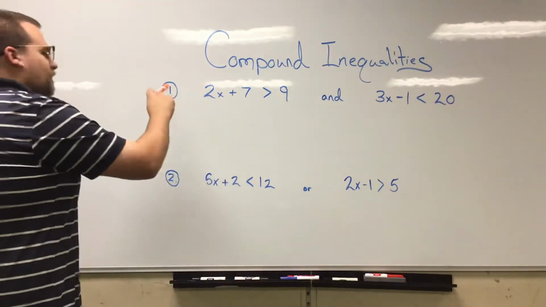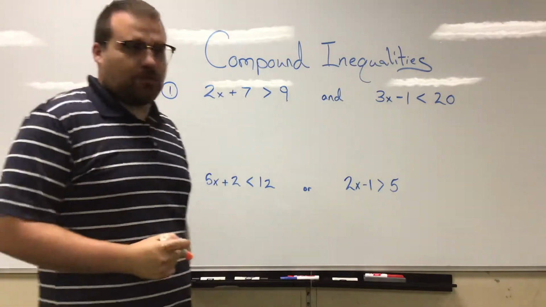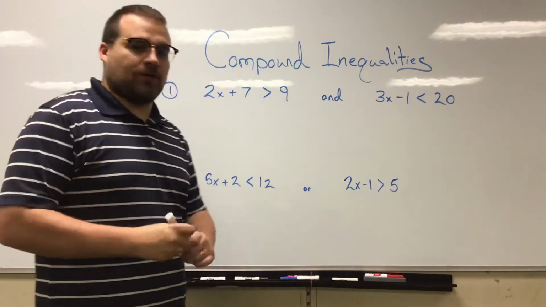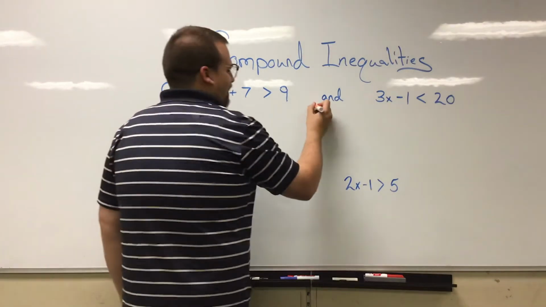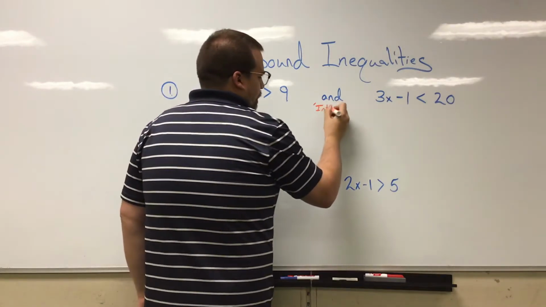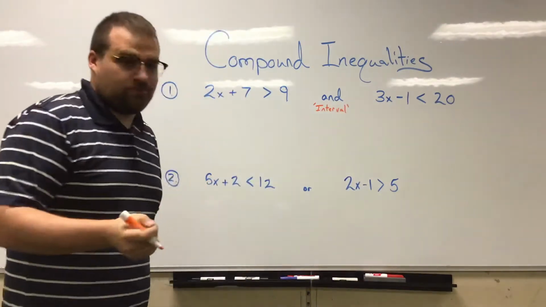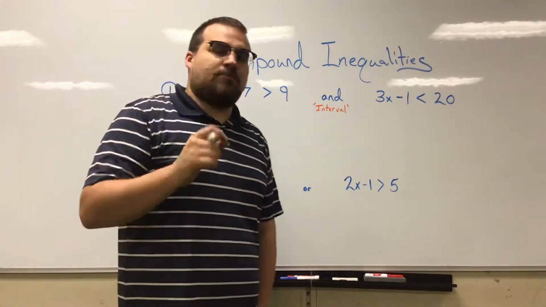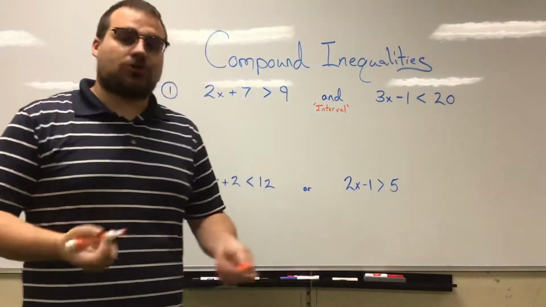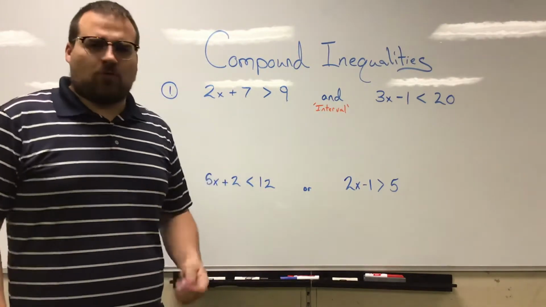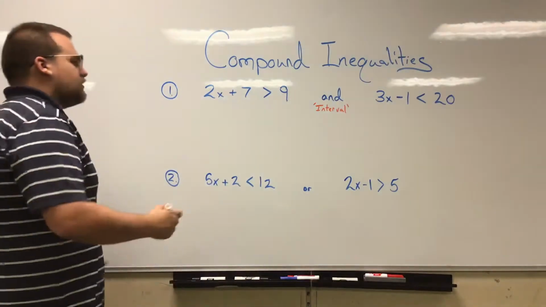Now, first off, we have an and inequality. That means that we're going to be working with what I like to call an interval. Now, we'll figure out that interval here in a bit. But the first thing we want to do is just solve each of these inequalities separately, just like we would a normal inequality. So let's do that.